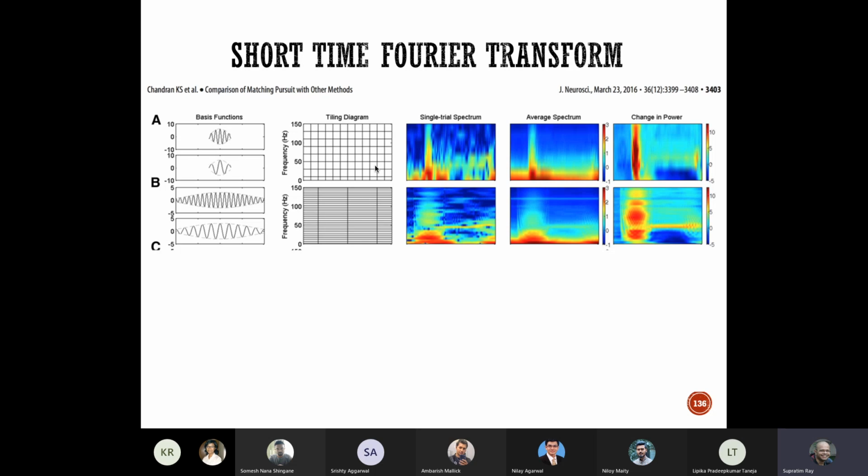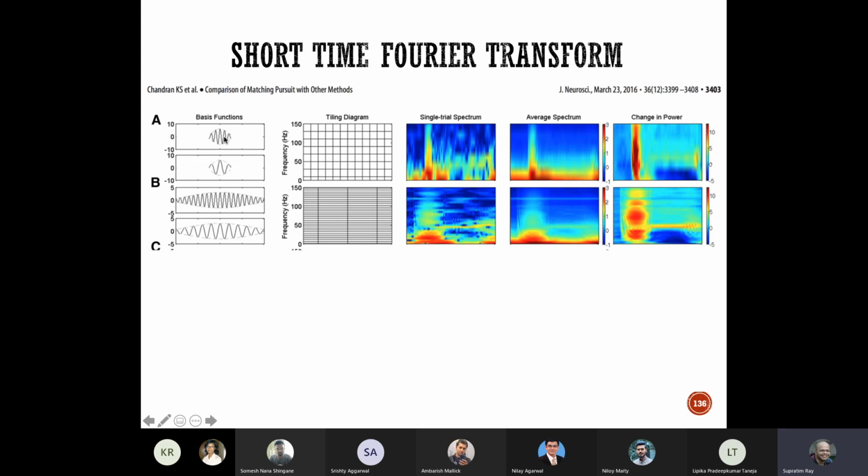Okay, so here's the time frequency spectrum obtained using short time Fourier transform when computed using two different types of windows. This is the tiling diagram when I use a short window, and this is the tiling diagram when I use a long window.